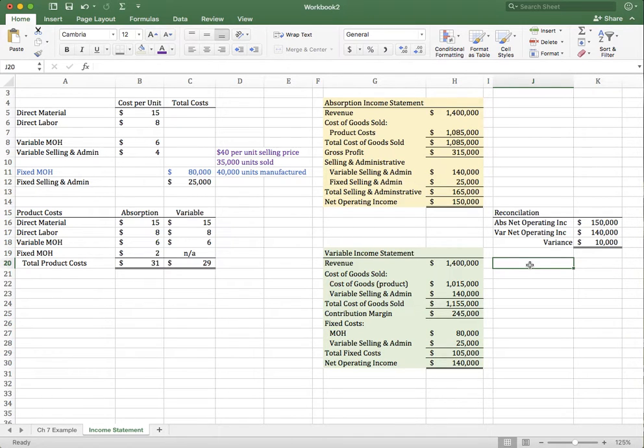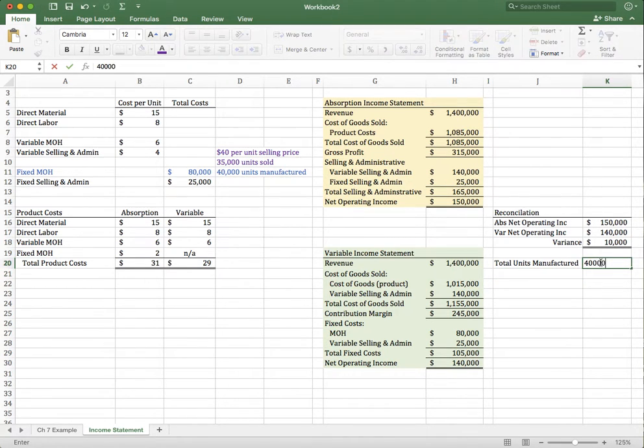We take the total number of units manufactured, which is 40,000. And from this, we're going to subtract the total number of units sold, which is 35,000. So this is the unit variance.